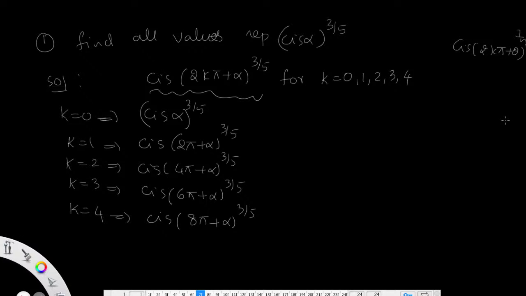So in the form of cis of (2k pi plus alpha), k takes the values 0, 1, 2, 3, 4, representing 5 values. That is why 5 roots will be there. Now substitute: k equals 0 gives cis alpha, then cis of (2 pi plus alpha), (4 pi plus alpha), (6 pi plus alpha), (8 pi plus alpha), each whole to the power of 3 by 5. These are the values.